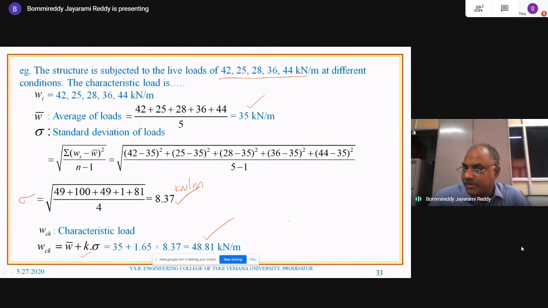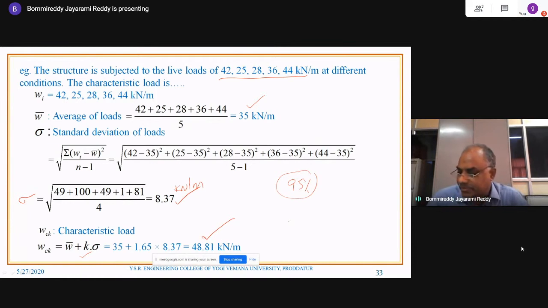What is the meaning of it? 95% of the times, the load acting on the structure must be less than 48.81 kilonewton per meter. That is the meaning of it.